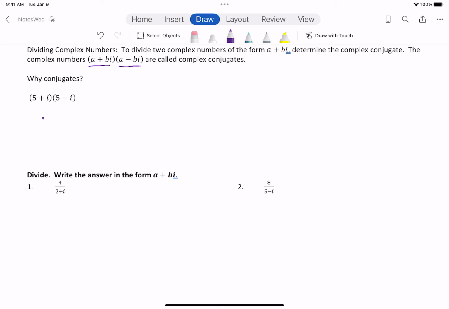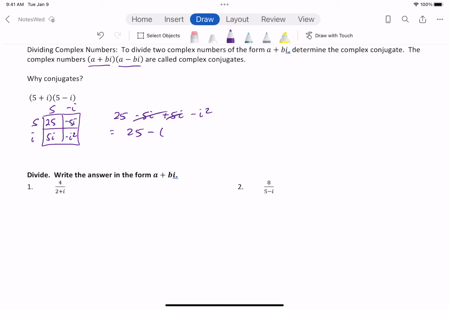And this is just to illustrate, we've already seen this with the polynomials and with the radicals. By using a conjugate, we know that those middle two terms will be the same but opposite signs. So they're going to go away.